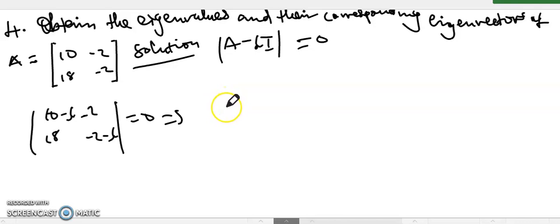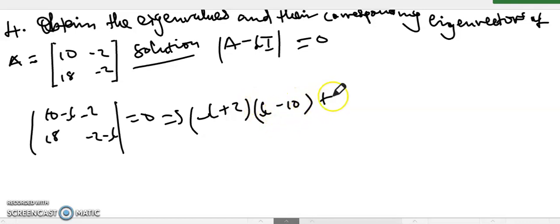If we solve for lambda, we will simply have lambda plus 2, because -2 minus lambda can be written as minus (lambda plus 2), and then lambda minus 10. We multiply this, then plus 36.